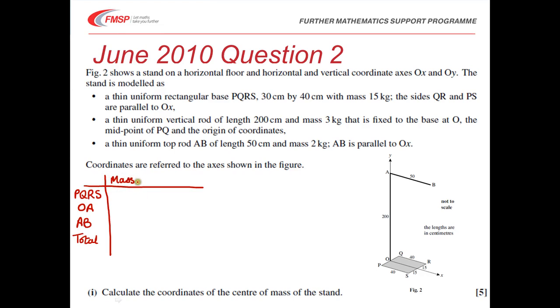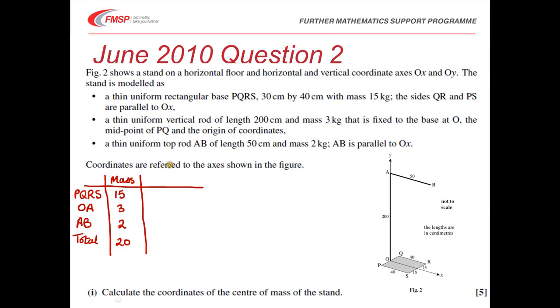We want a column for mass. The mass of the base is given in the table here as 15 kilograms. The upright has a mass of 3 kilograms, and the top rod has a mass of 2 kilograms, giving a total of 20.